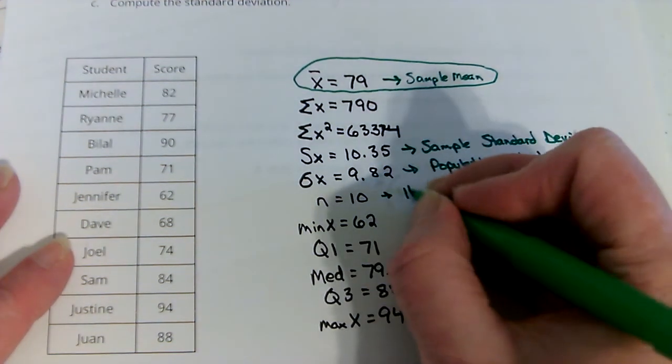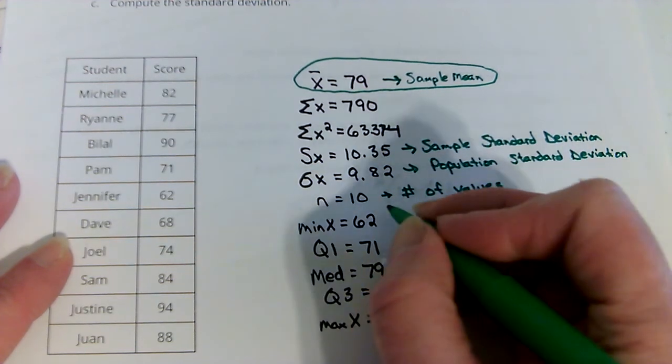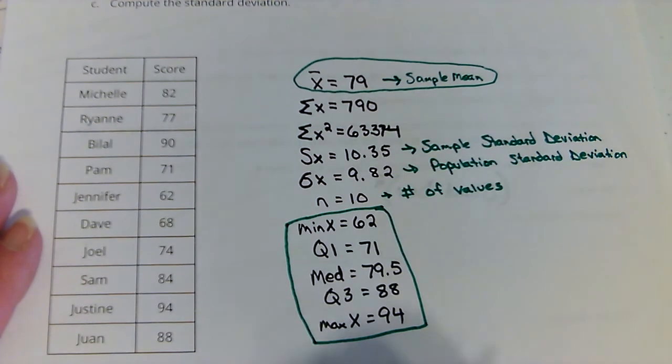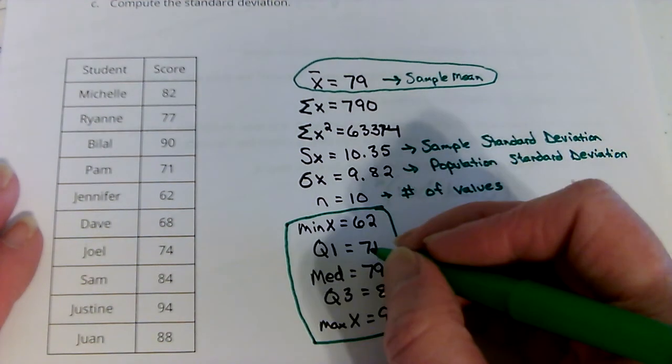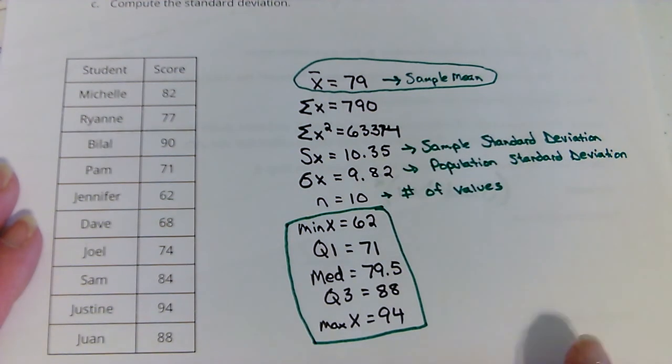This is the number of values. And this is that 5-number summary that we found before. So I've got my median, quartile 1, quartile 3, all those good things.